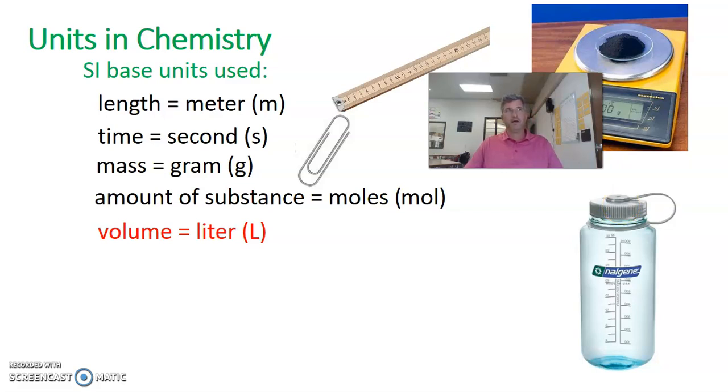It's going to be cubic meters or liters, which is equal to a cubic decimeter, or 0.1 meters on a side, 0.1 meters cubed. I put it in red there because it's technically not an SI base unit, but we kind of treat it as though it is. And then energy, which is measured in joules. We'll talk more about that later on.